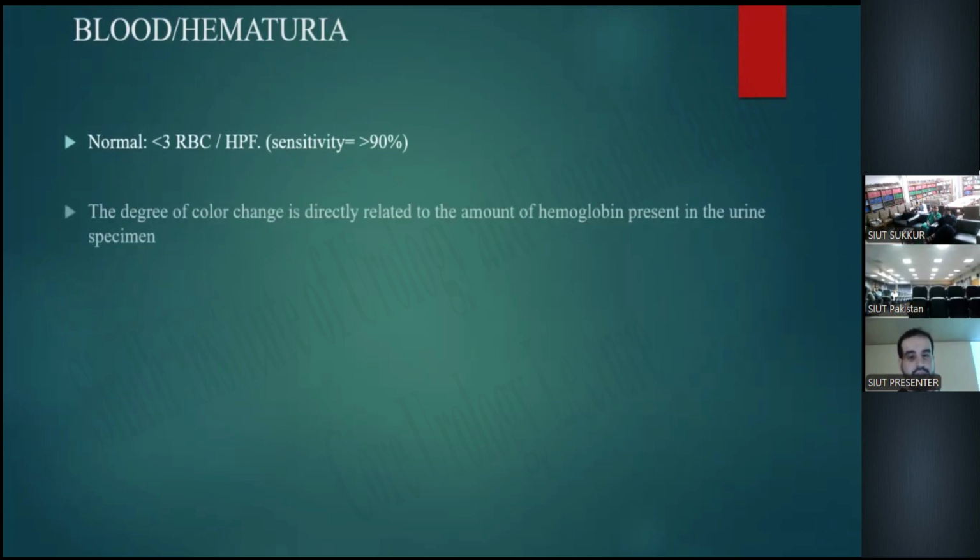So blood, or hematuria. Normally, less than 3 RBCs per high power field should be present, or even none. The degree of color change is directly related to the amount of hemoglobin concentration in the urine.